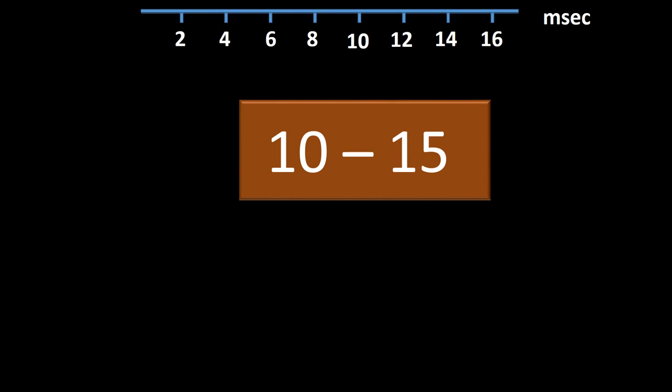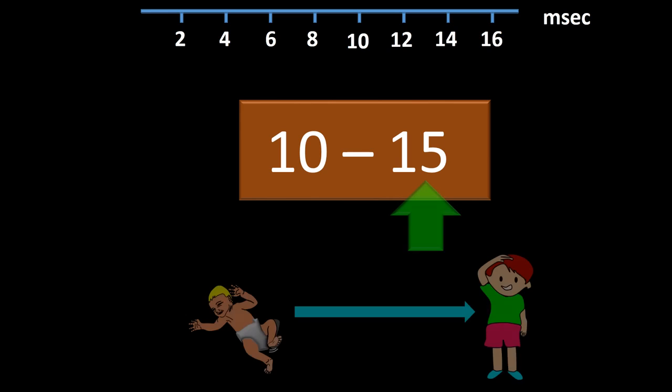So most recommend that the recording time, or the sweep time, for each stimulus be from 10 to 15 milliseconds. Certainly in children, we must record for 15 milliseconds.